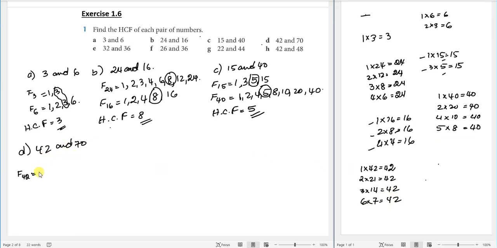So the factors are 1, 2, 3, 6, 7, 14, 21 and 42.